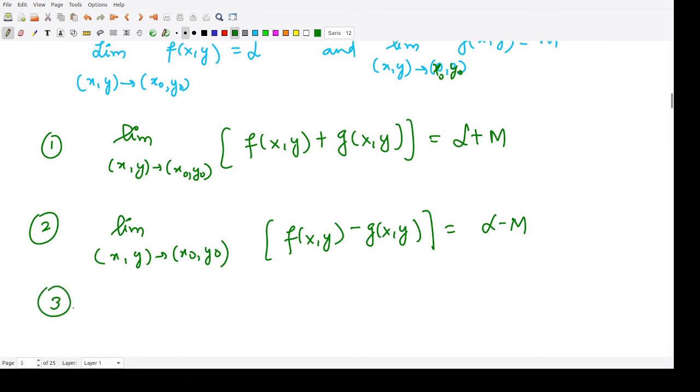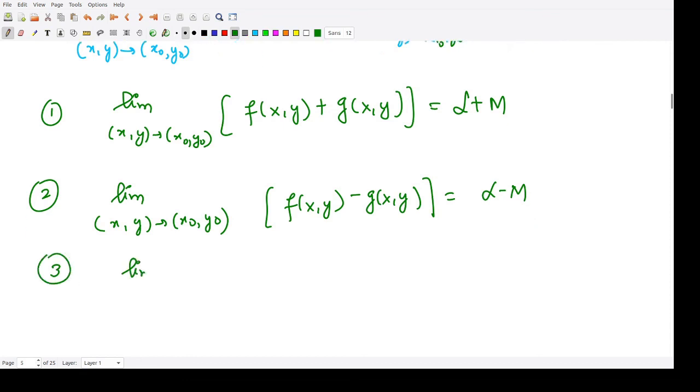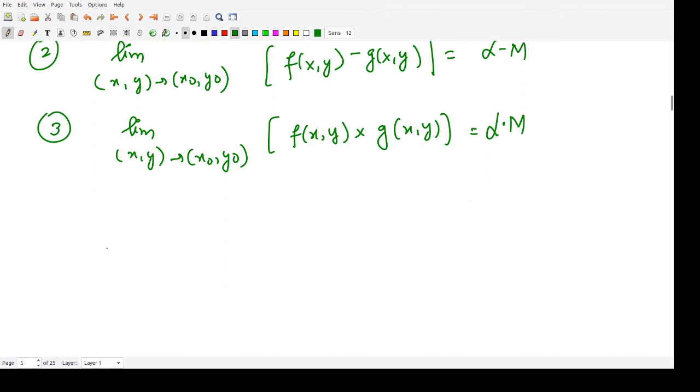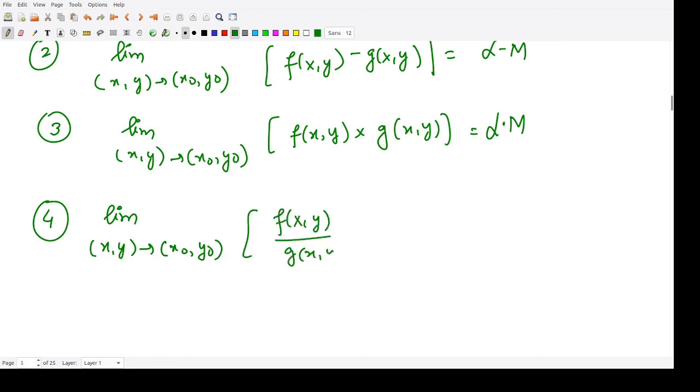Then we have the product property. The limit as (x, y) goes to (x₀, y₀) of f(x, y) multiplied by g(x, y) is equal to L multiplied by M. And then we have the quotient rule: the limit of f(x, y) divided by g(x, y) is L divided by M, provided M is not equal to 0.